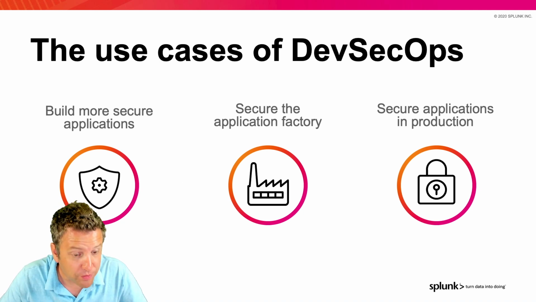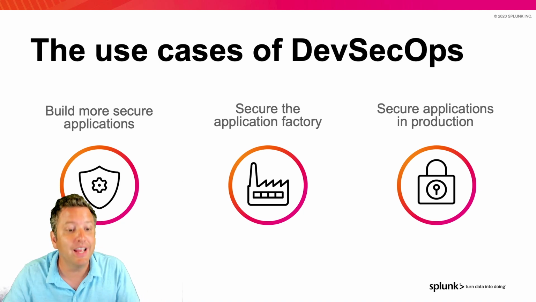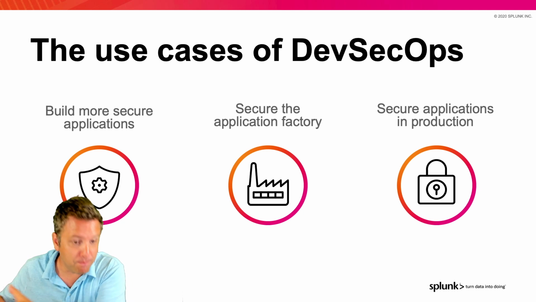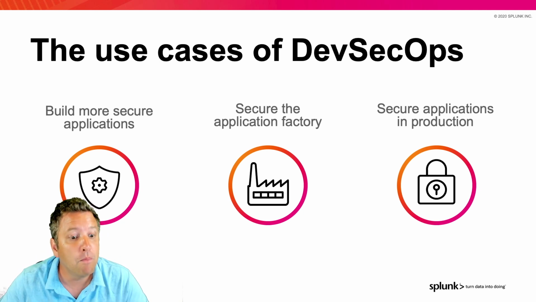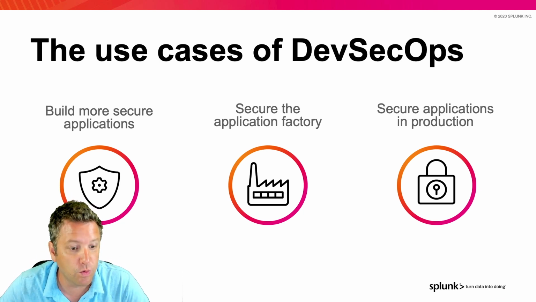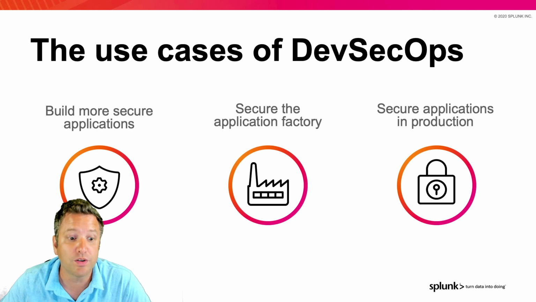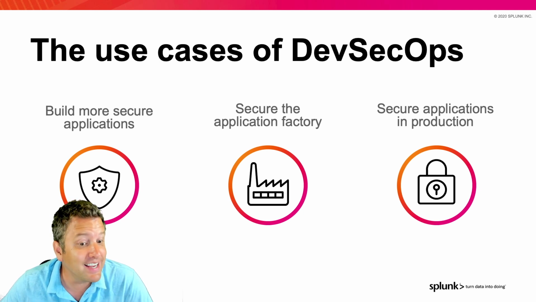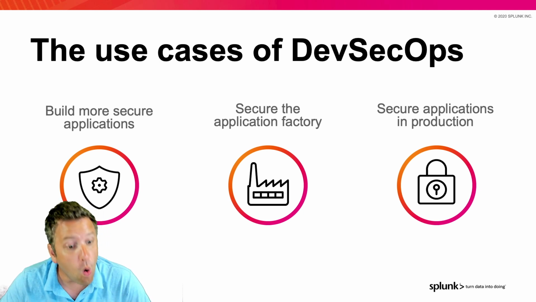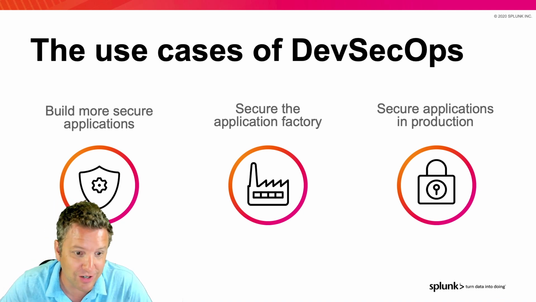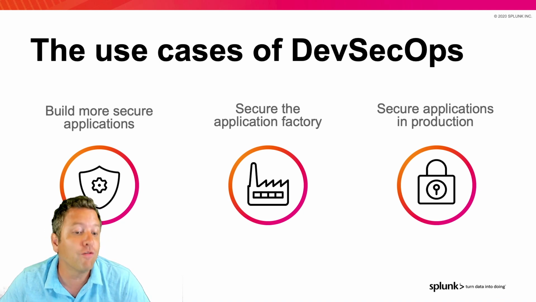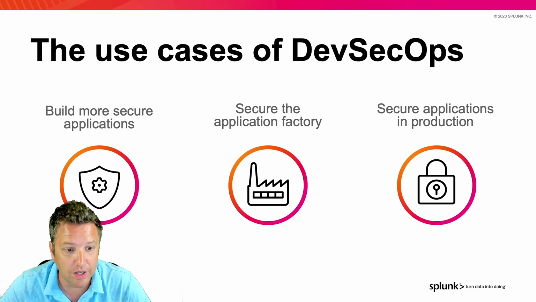Second, it's the software factory. So you have a factory that takes that product and puts it in production. But the factory needs to be secure as well. People getting access to the tools and potentially getting access to things that they shouldn't be getting access to. Or, as we've seen in recent news, injecting things into your delivery chain that are harmful to the product and expose vulnerabilities.